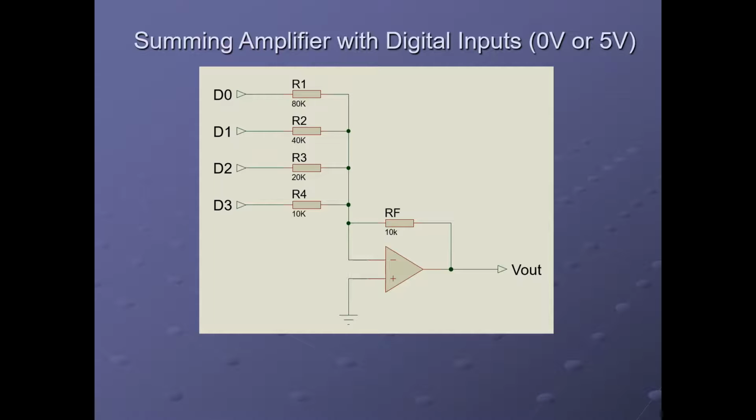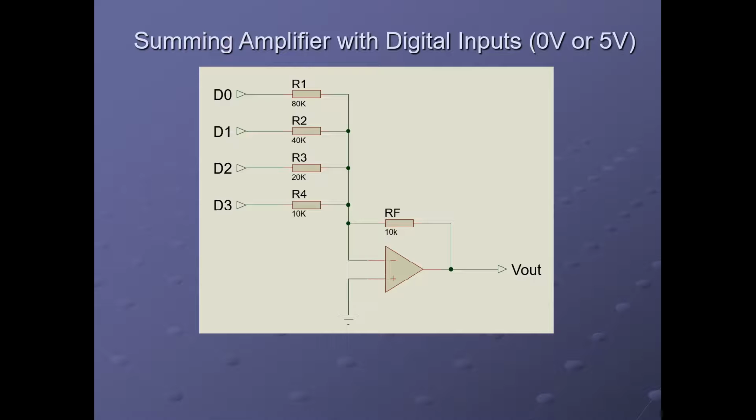It tells me at the top it's going to be 0 volts or 5 volts, but it could be 0 and 3 or 0 and 12, or whatever is decided on for the binary 0 and the binary 1. The usual thing is to have binary 0 as 0 volts and binary 1 as 5 volts.